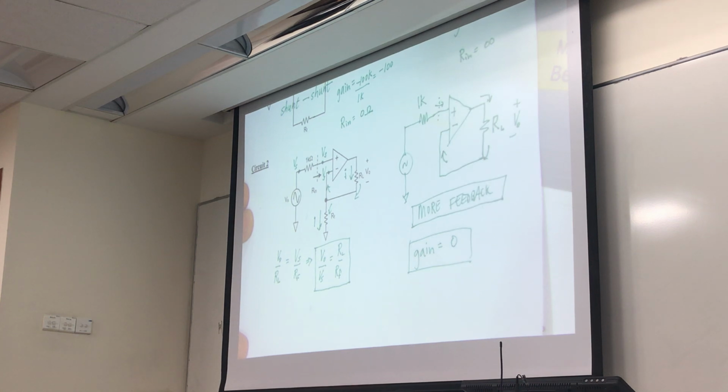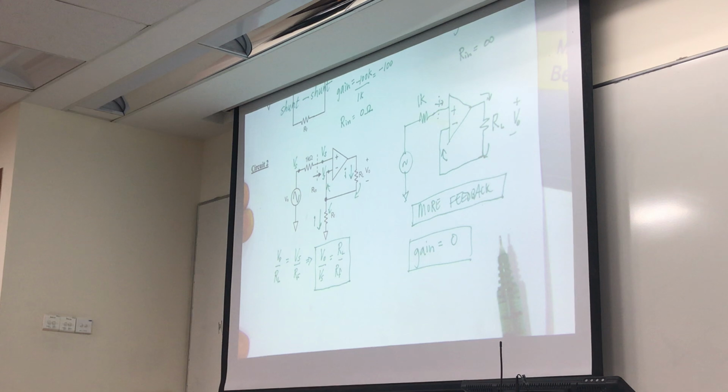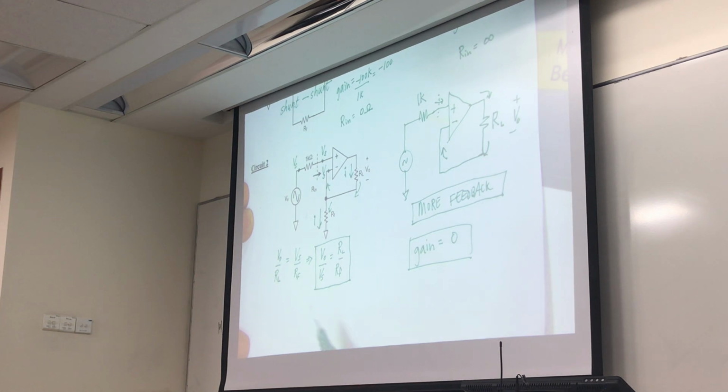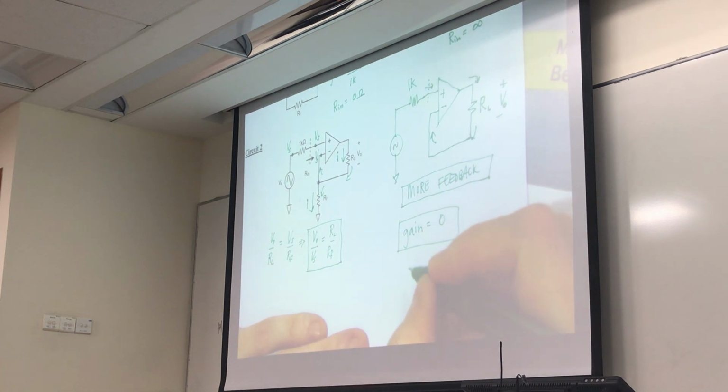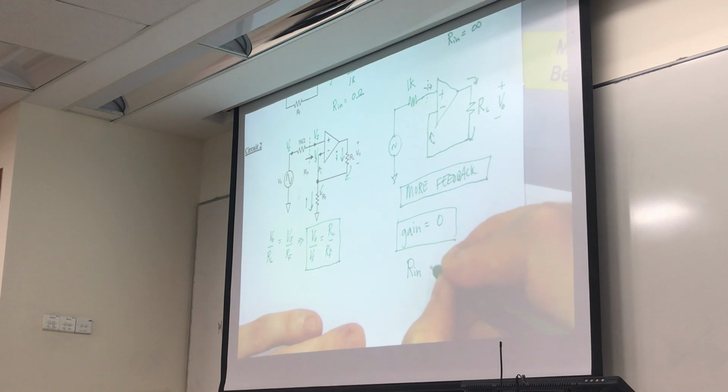Of course, the one with more series feedback will have a higher input impedance than the one with less series feedback. So I can say that the input impedance here is higher.